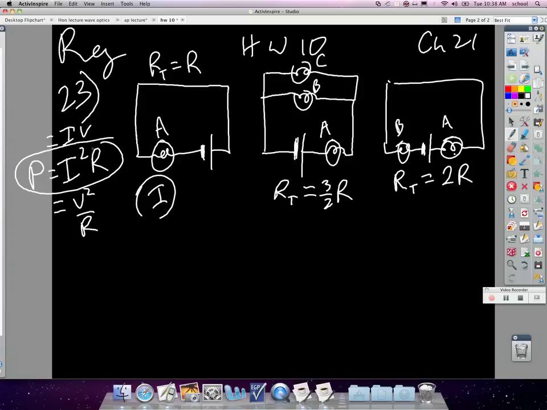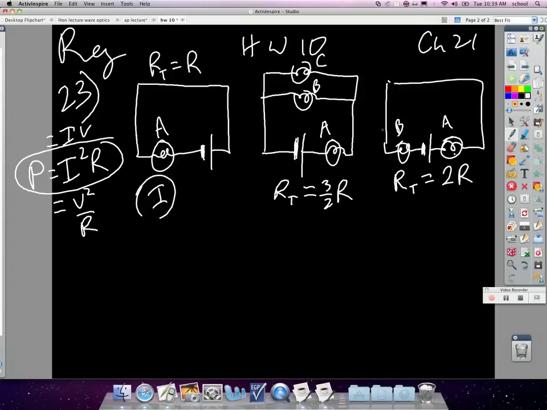The reason this one's the brightest is that when I take this current and square it times this resistance, that will be bigger than any of these others, right? The R's are all the same for the individual bulbs, but when I use the total R's to get current, the current here and the current here is going to be less than the current over here.